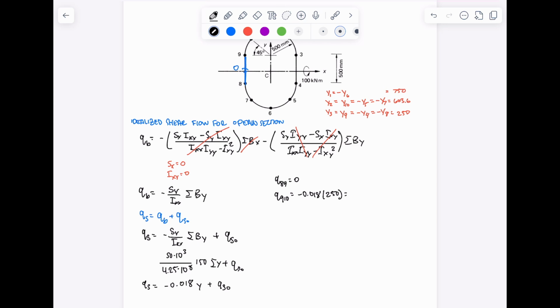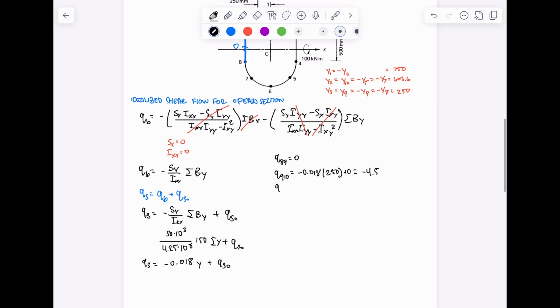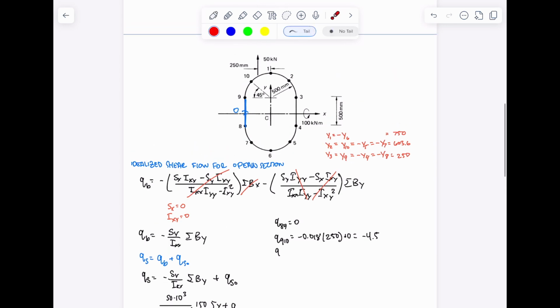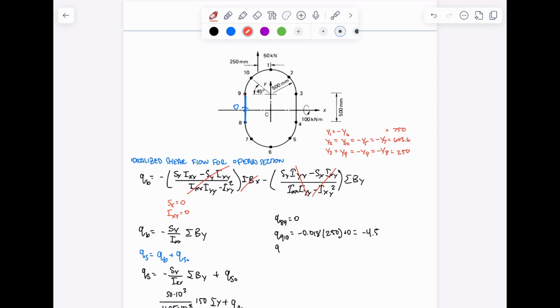And we also have to add the shear flow from the previous section, which in this case is Q89, and it's just 0. We don't really have to add anything, which, if we solve for this, will be 4.5. Again, shear flow from 9 to 10, we already figured out was negative 4.5.